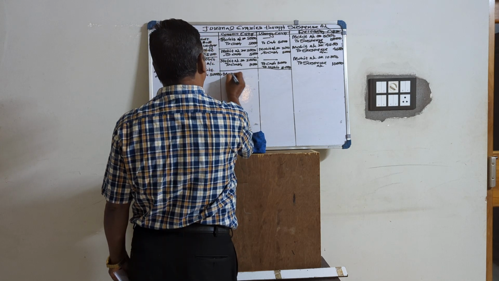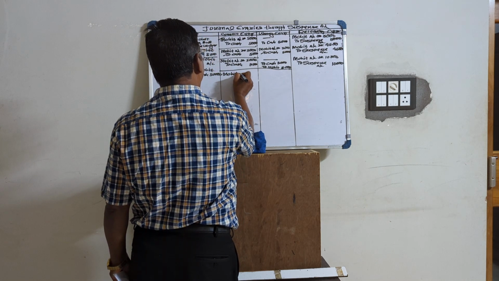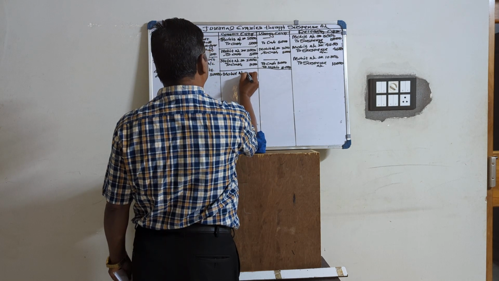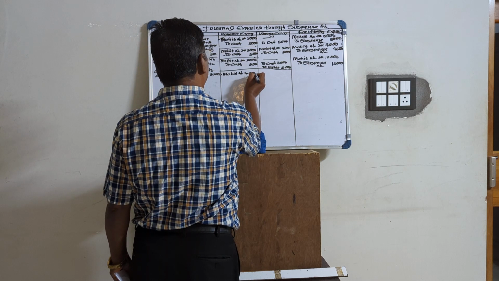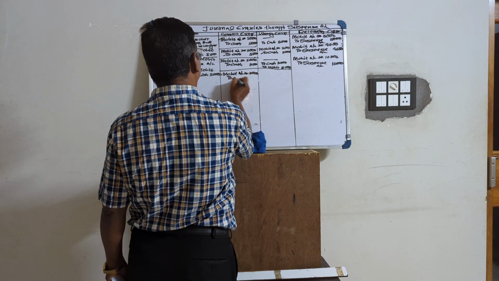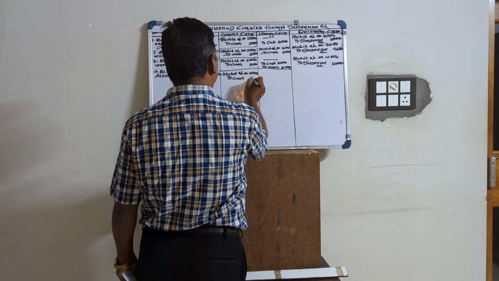This is the correct entry that we are doing again and again: Mohit account debited 5,000 to cash. This is the correct entry.